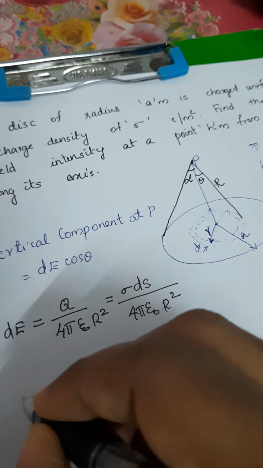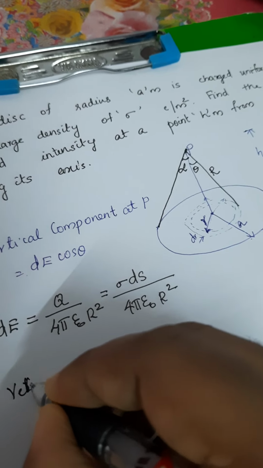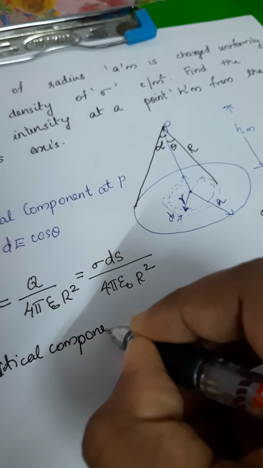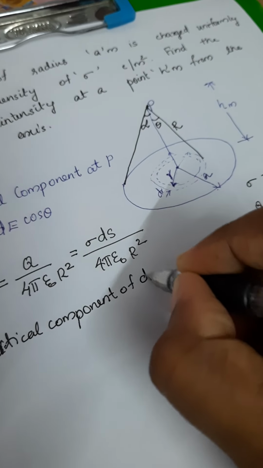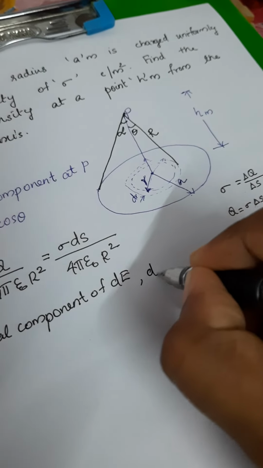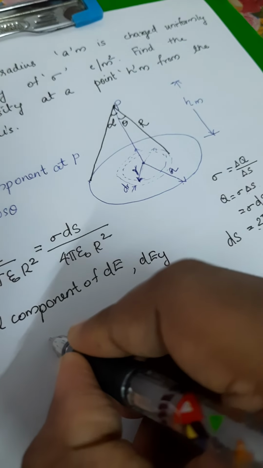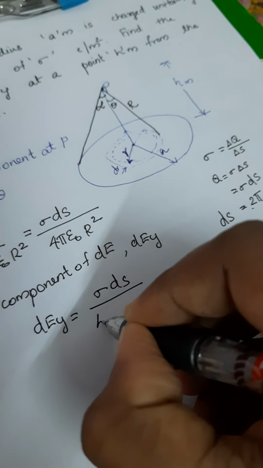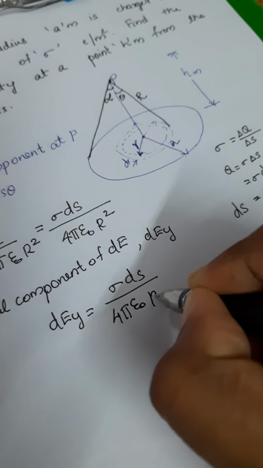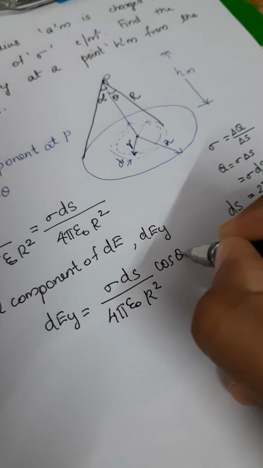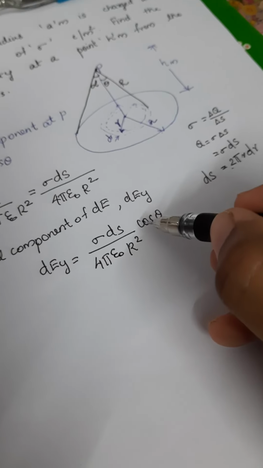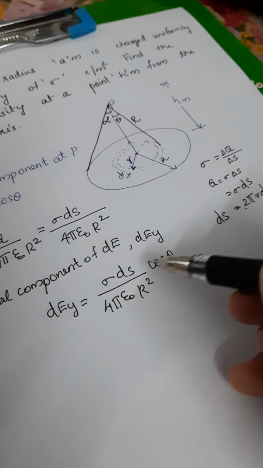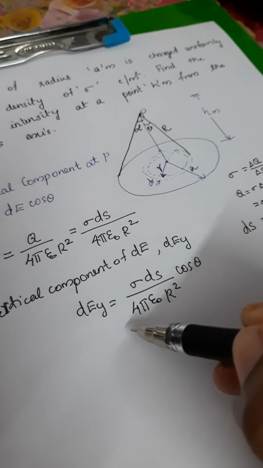So we can write the vertical component of dE, that is dy, will be equal to sigma ds by 4 pi epsilon 0 r square into cos theta. So that is dy.